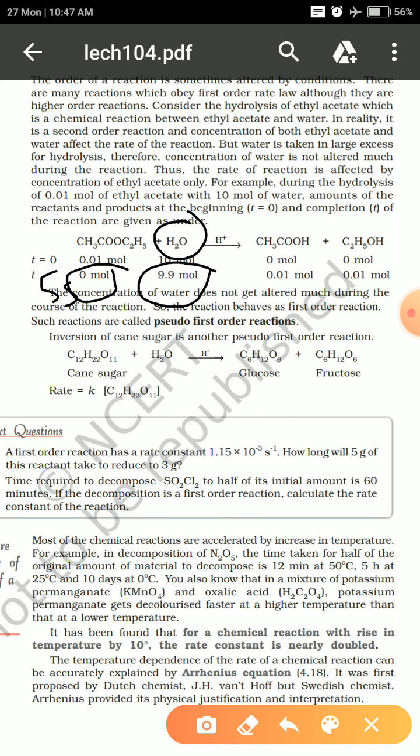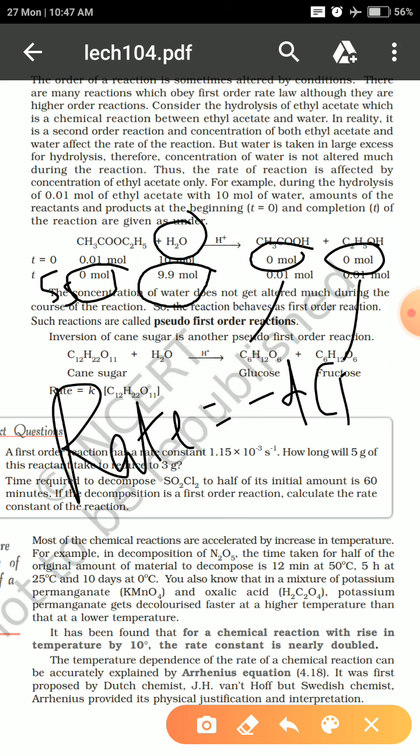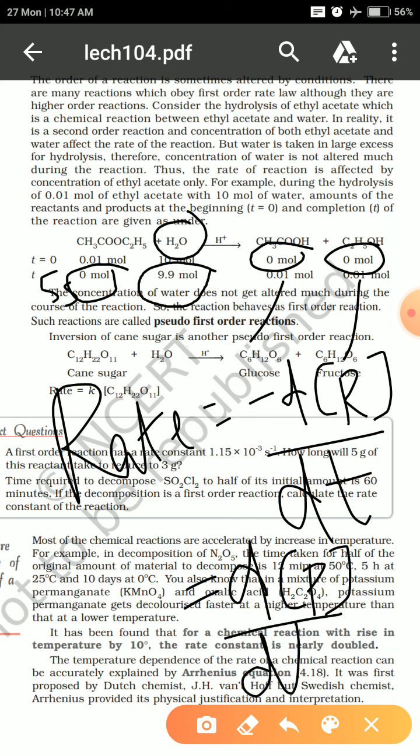but at the same time the concentration of the reactant becomes less. That's why when we write the rate equation, we always put a minus for the concentration of the reactant, and a plus for the concentration of the product. The minus means it is reducing, but here the change in the concentration of water was very small. So only the concentration of ethyl acetate was considered.